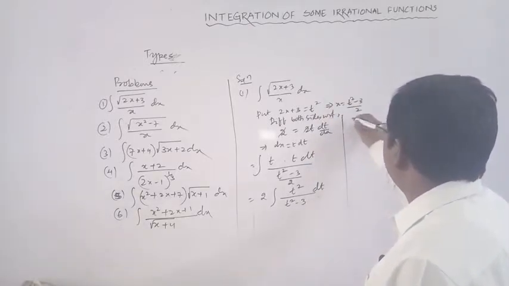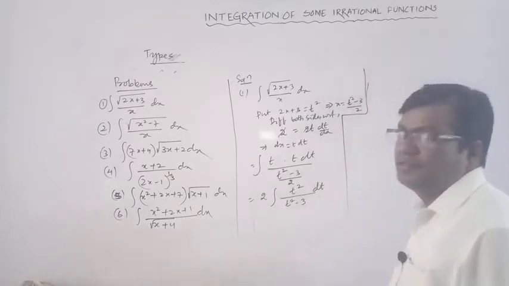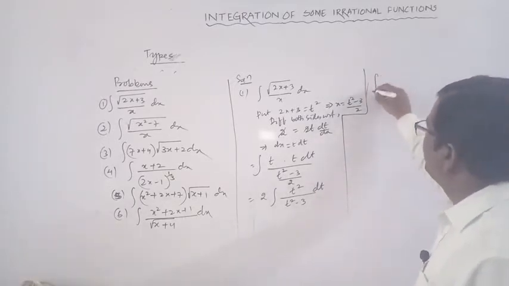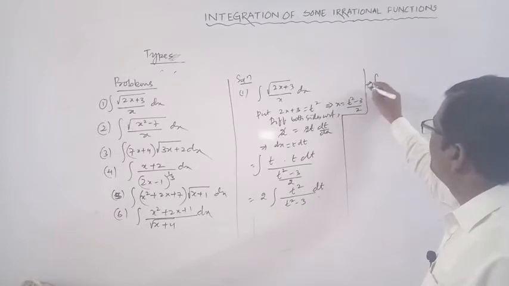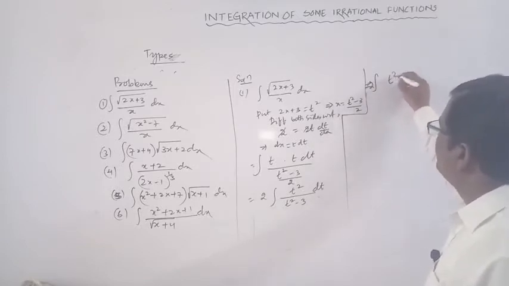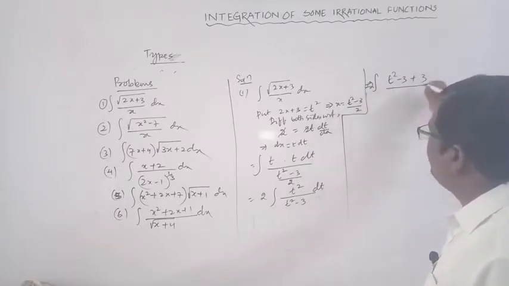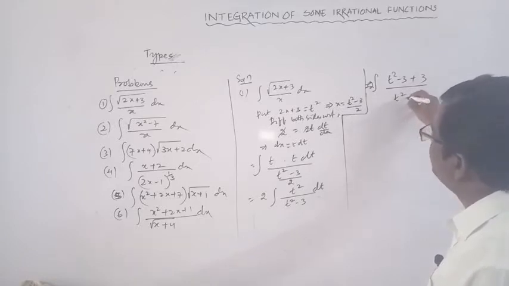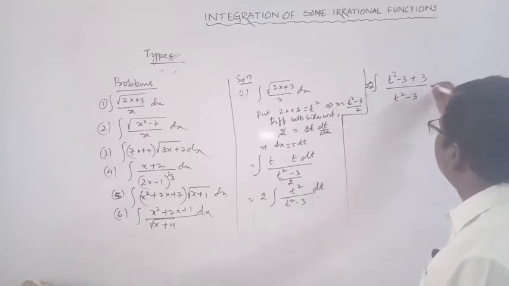That is the integration of 2 into (t square minus 3 plus 3) divided by (t square minus 3) dt.